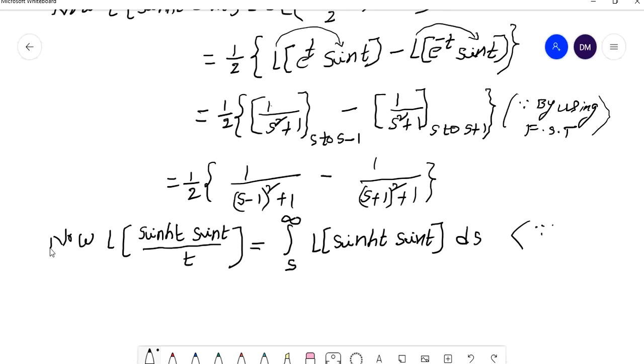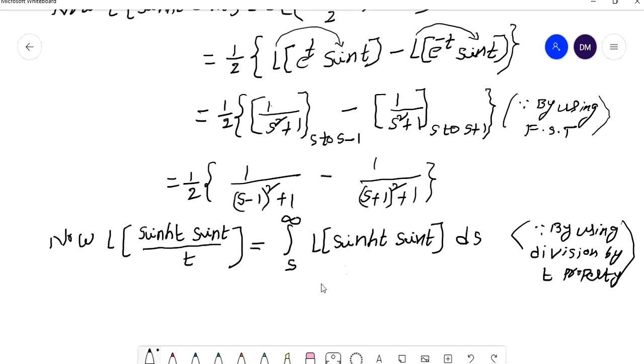By using the division by t property, this is equal to, what is the value of L of sinh t into sin t? 1 by 2 into 1 by s minus 1 whole square plus 1 minus 1 by s plus 1 whole square plus 1.